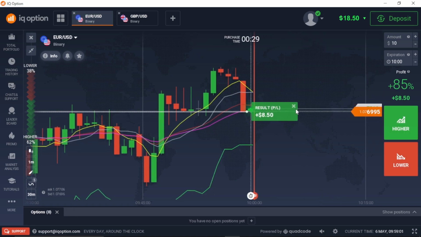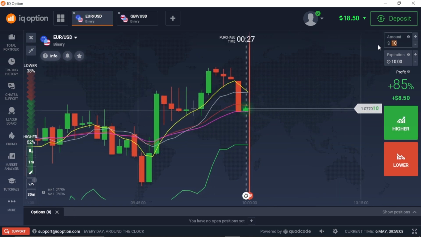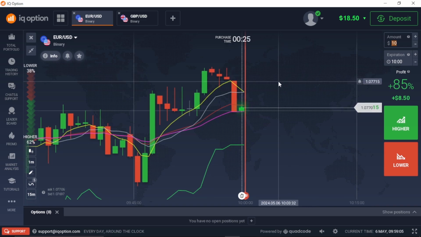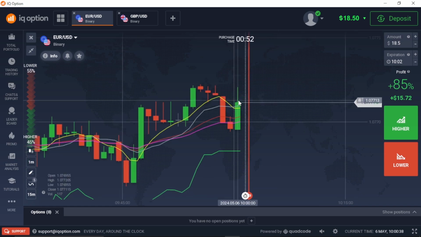Yes, successful. I'm going to keep investing all, and here the indicator shows me I can select lower.